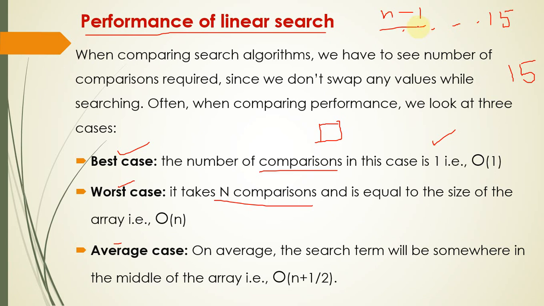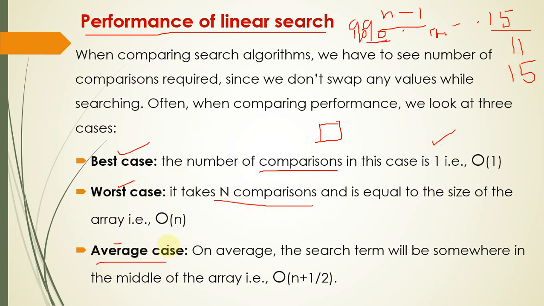If the number of elements is say 100, and your item 15 is at the 100th place, then 99 comparisons are wasted, and at the 100th comparison it is successful. So that is the worst case, O of n.